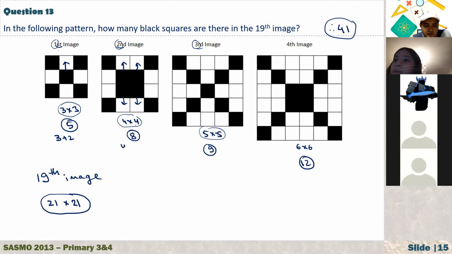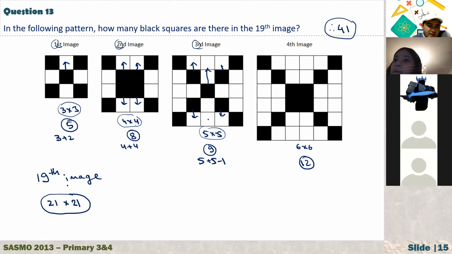How many squares? 4 plus 4, because 4 by 4, it's even. If it is odd, again, this goes up, this goes up, this goes up, this one is down, this one is down, but this one is empty. So what is it? It is 5 plus 5 minus 1. Okay, this is a pattern. If it is odd, you just add them together and subtract 1. If it is even, we just add them together.